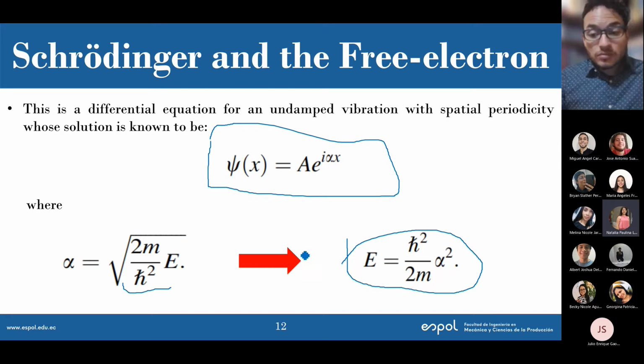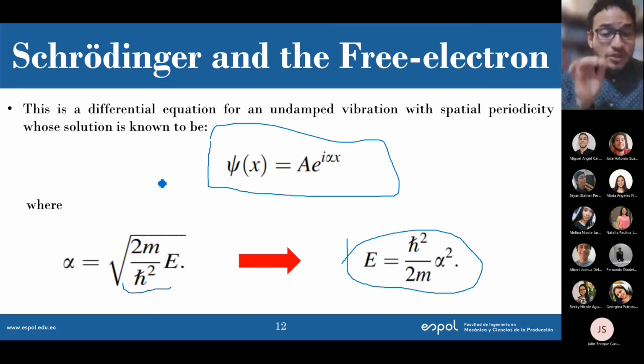David, what's the meaning of alpha? Can you repeat it, please? Alpha is just a constant. I'll give it a name soon. For now, we're just going to consider it's a constant related to energy. Just bear with me. But for now, let's say it's part of the wave function.